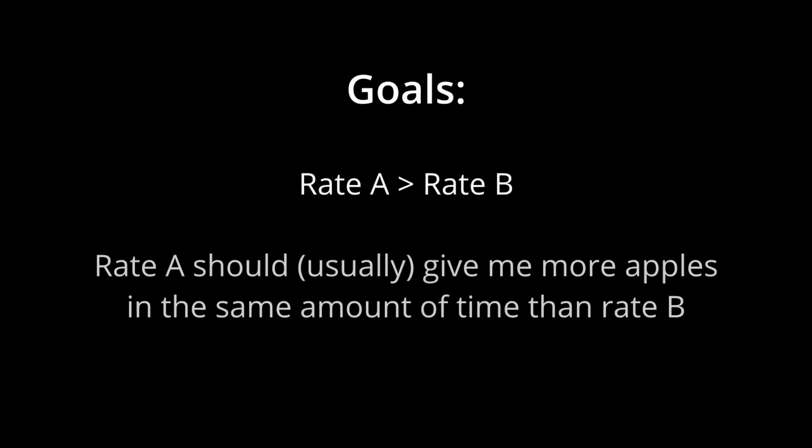And finally, I want to be able to say that a rate is bigger or smaller than some other rate, similar to how a number can be bigger or smaller than another number. A bigger rate should usually result in me getting more apples than a smaller rate.